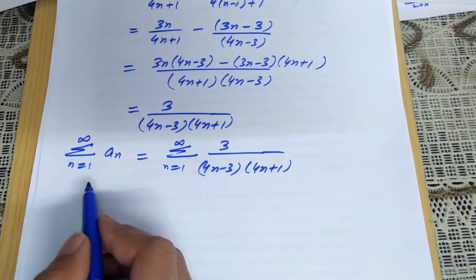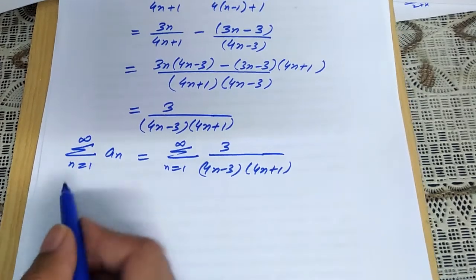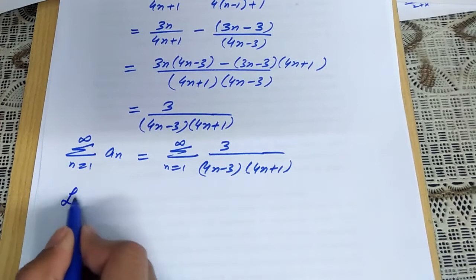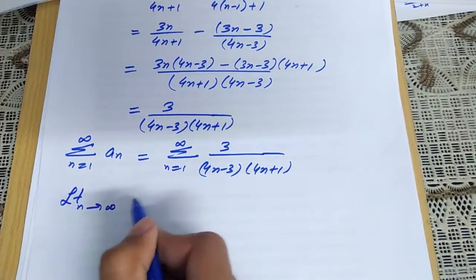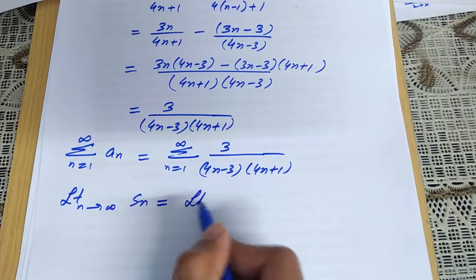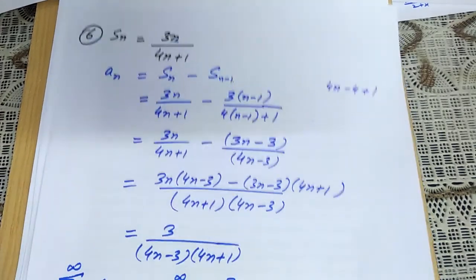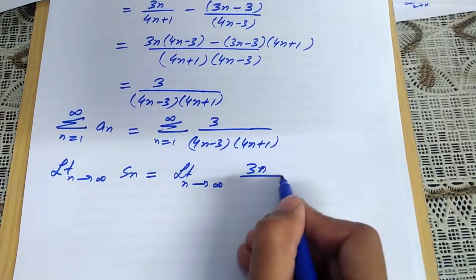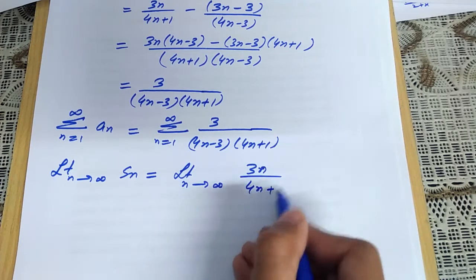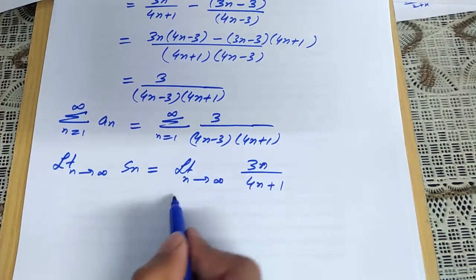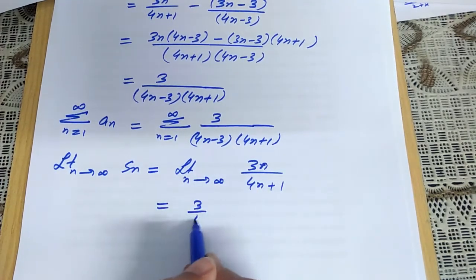For that purpose, apply the limit on the sum of the series, that is the limit as n approaches infinity of Sn, which is equal to the limit as n approaches infinity of 3n over 4n plus 1. After applying the limit, you will get the answer 3 over 4.